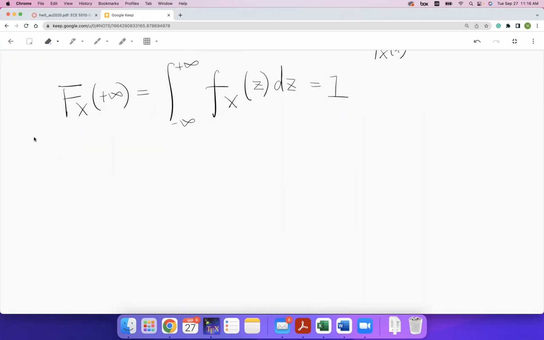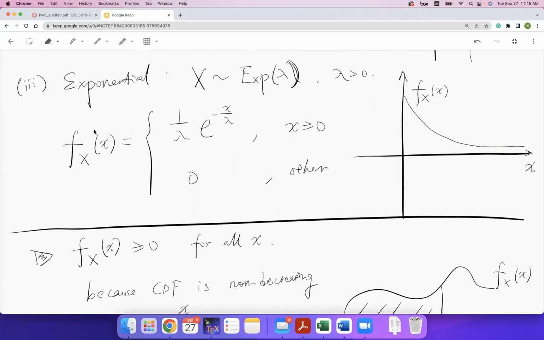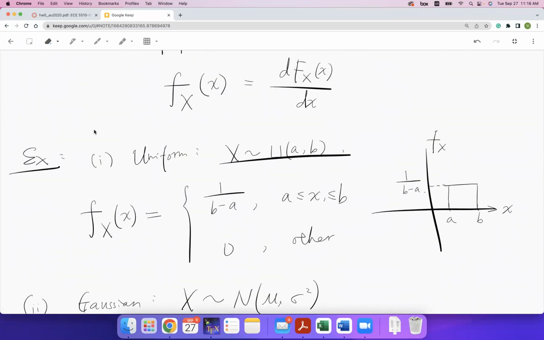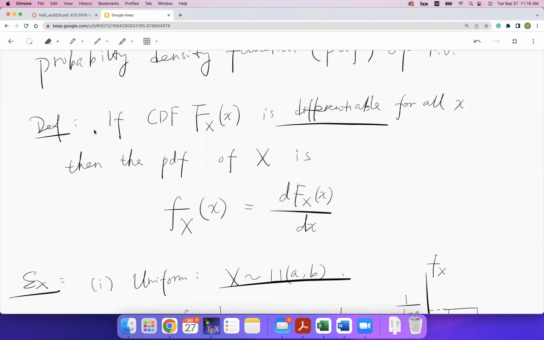Okay, so we have defined the PDF by requiring that the CDF is differentiable. If capital F_X is differentiable, we define the PDF by its derivative. Now, what if in many cases the CDF is not continuous? We have seen those examples.